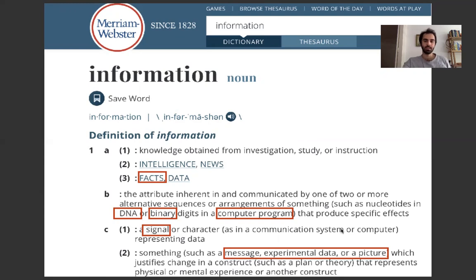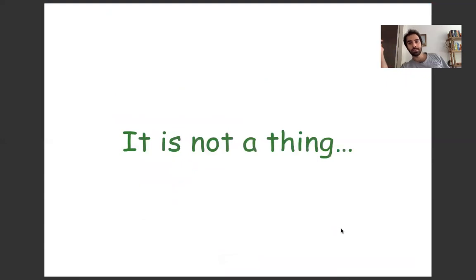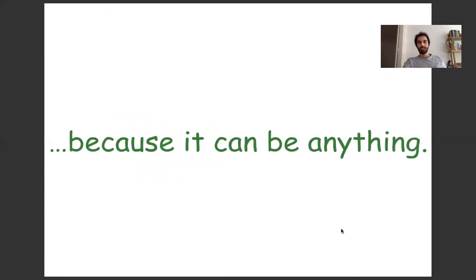This is very interesting because the definition of information in the dictionary calls for a lot of different words, a lot of different things. So it seems like information has this universal character to it, right? It is not a thing because it can be all things. It can be anything.